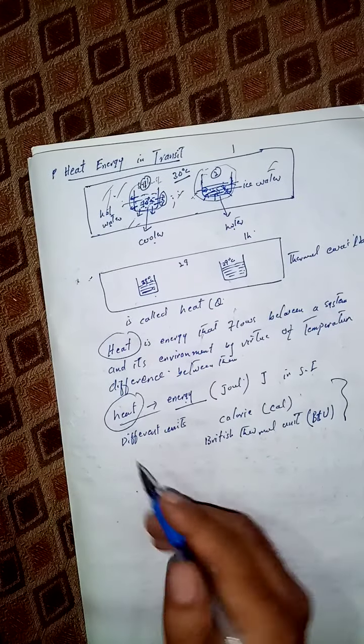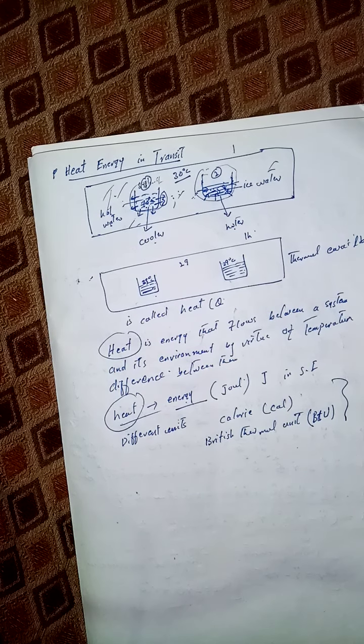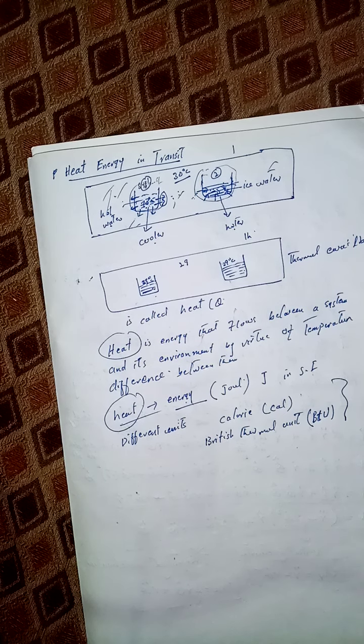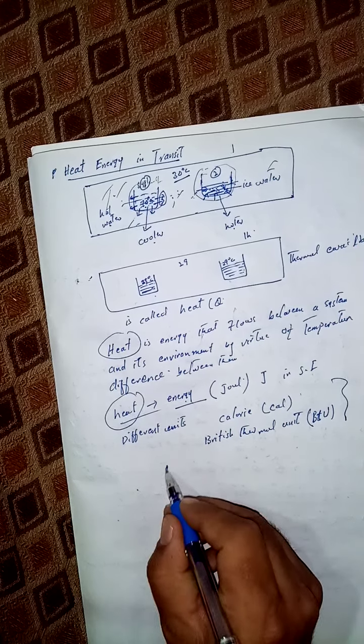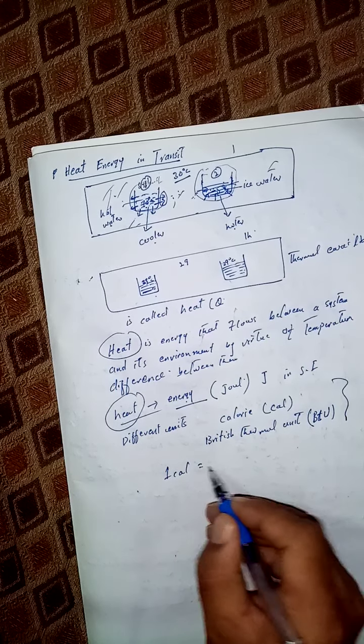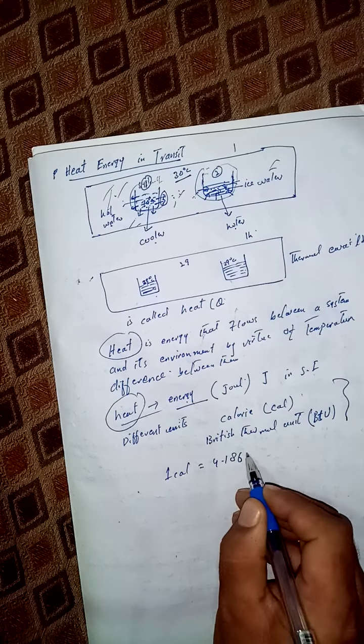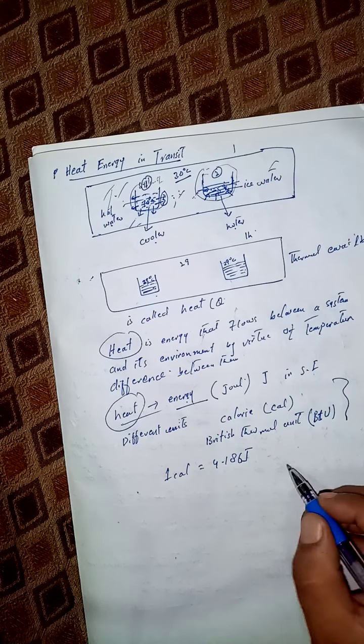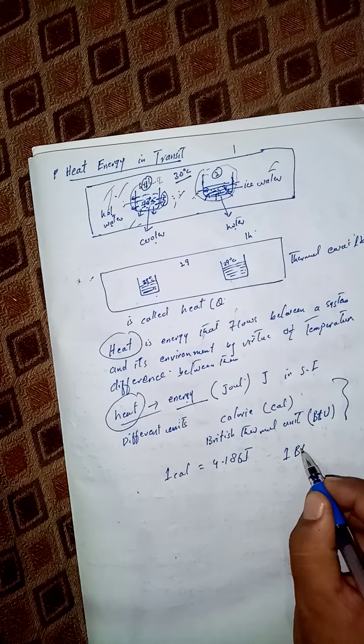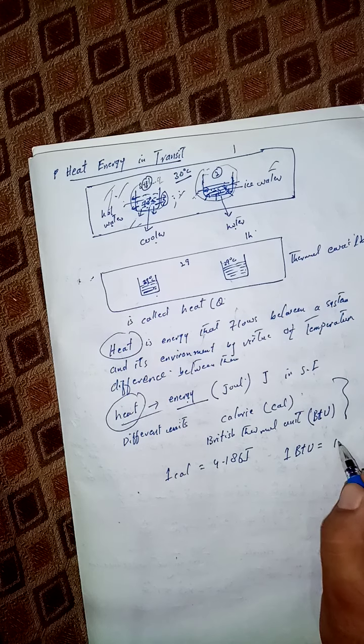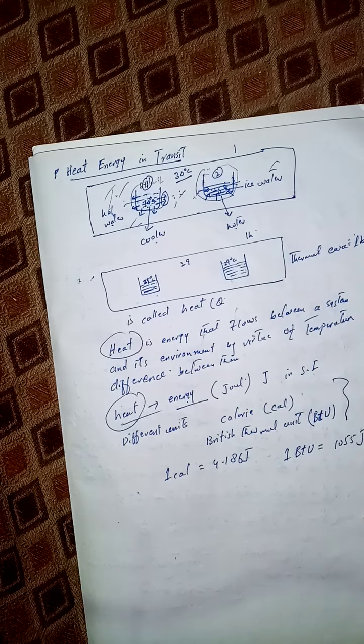Now we have a relation between calories and joule, and between British thermal unit and joule. 1 calorie is equal to 4.186 joule, and 1 British thermal unit is equal to 1055 joule.